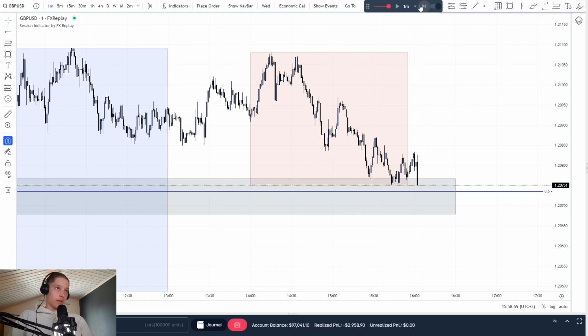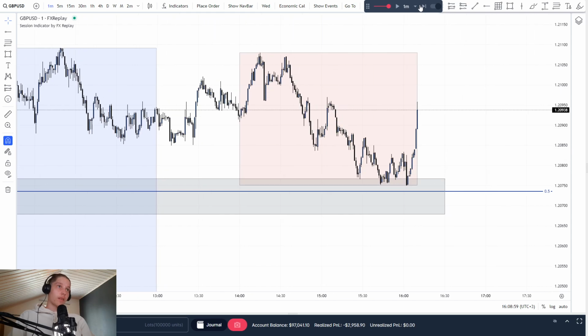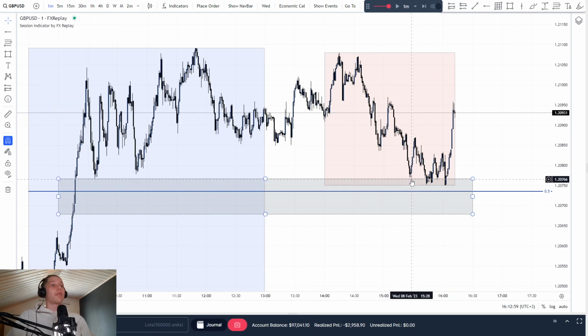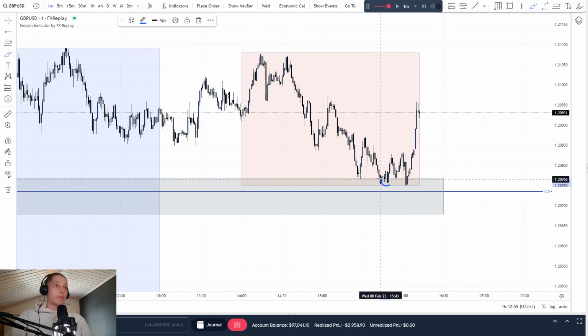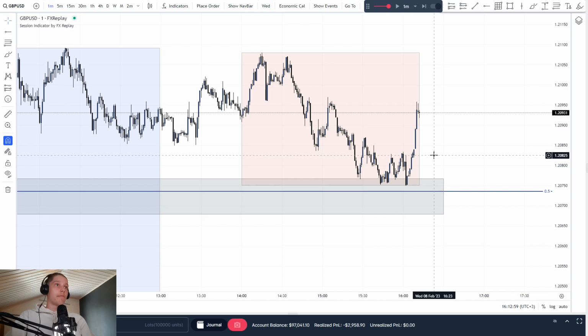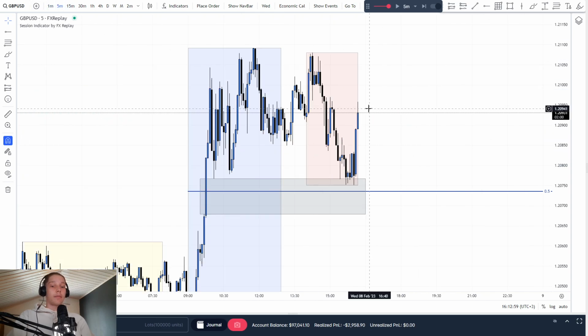Could you at least tap that? I mean, it doesn't necessarily have to do that, because if you think about it, we are in an area of possible reversal. We swept liquidity, so this is the first time we swept liquidity, the second time here. So this could be a valid buy.